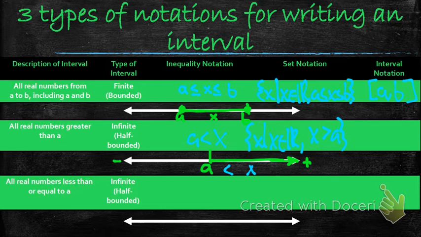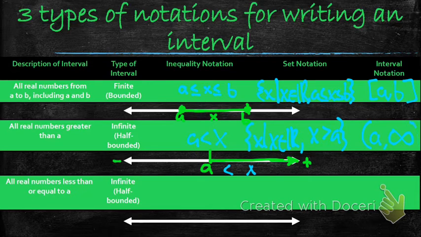And then here in interval notation, my smallest number still comes first, but notice I have a is strictly less than x instead of less than or equal to. So what I'm going to put here for that first letter is a parenthesis instead of a bracket. And then I don't have a b value because my graph is going on and on and on forever. So here in interval notation, we actually use the infinity symbol to represent that.